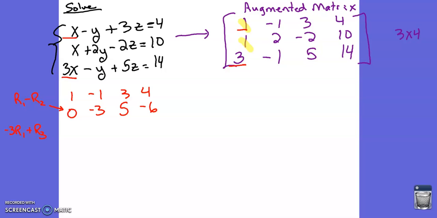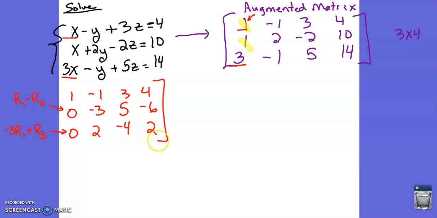So that way, if I multiply this by -3, that's going to be -3, and then I add that to +3, and then they're going to cross each other out. So if I do that, I could multiply the whole top row by -3 and then add it to row 3. That's what I'm going to get here.